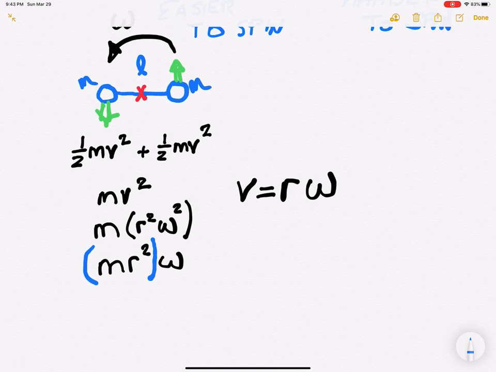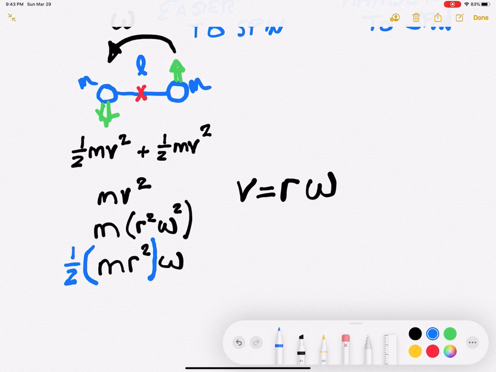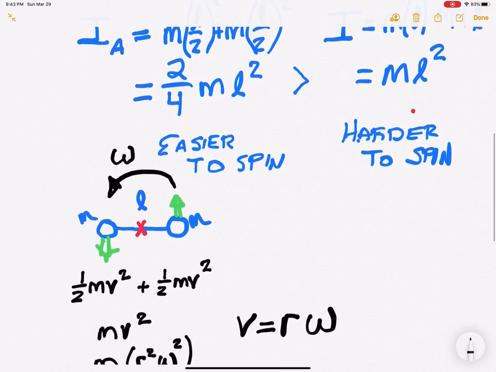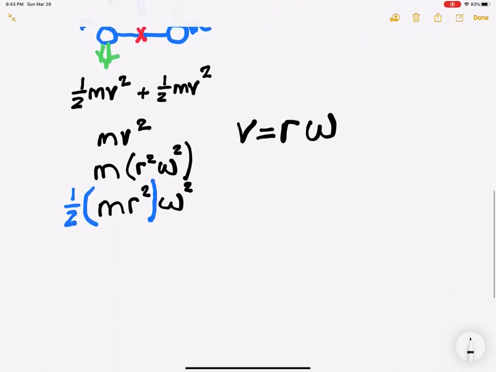Boy, if I just had that 1/2 out there, oops, and yes, thank you, that's omega squared. What I'd wind up with then is going to give us the kinetic energy of these two rotating bodies.